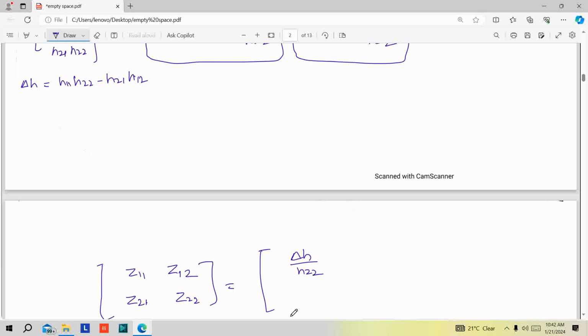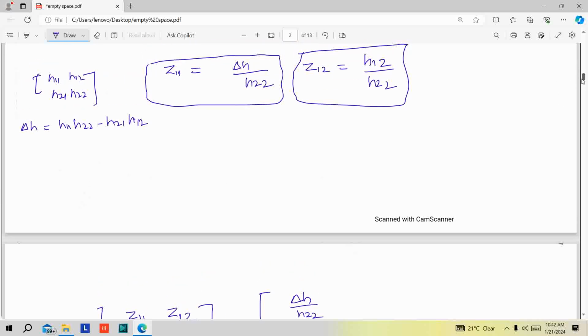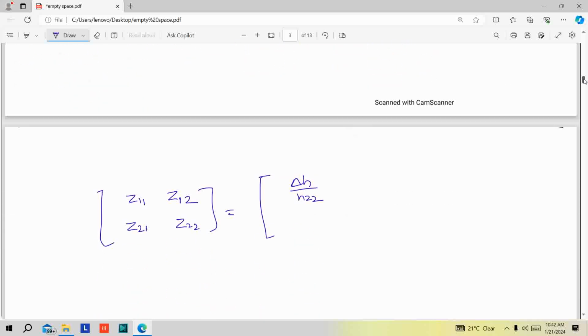Similarly, what is the value of Z12? H12 divided by H22. Similarly, what are the values of Z21 and Z22?